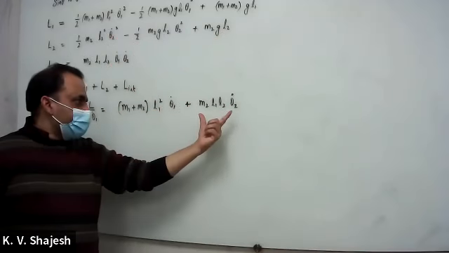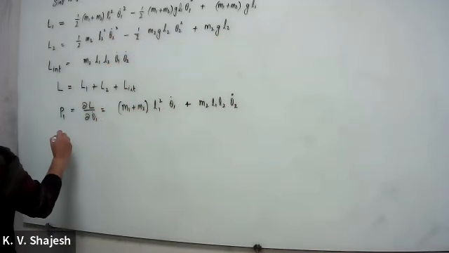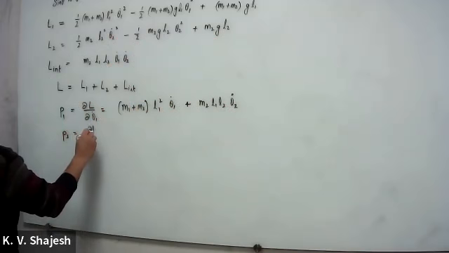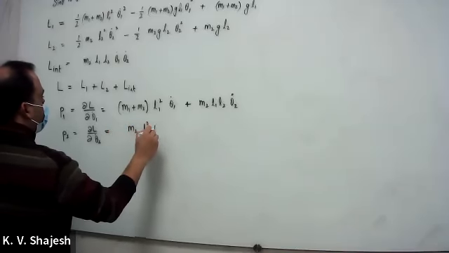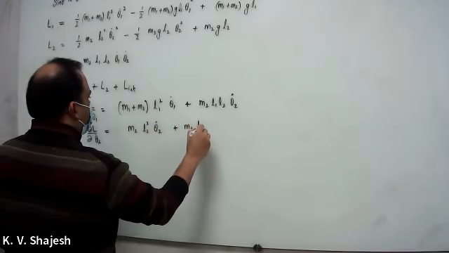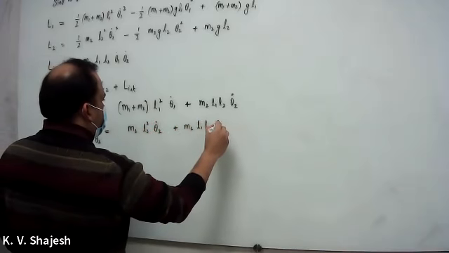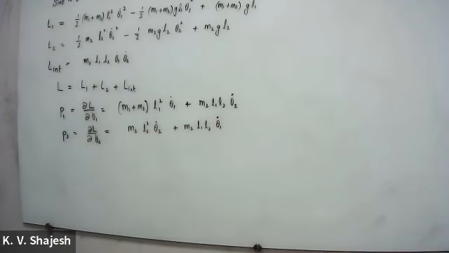So there is a contribution to momentum from the interaction term. P2 is dL by d theta 2 dot, which is equal to m2 L2 square theta 2 dot, and that is plus m2 L1 L2 theta 1 dot. And that's it, I suppose.